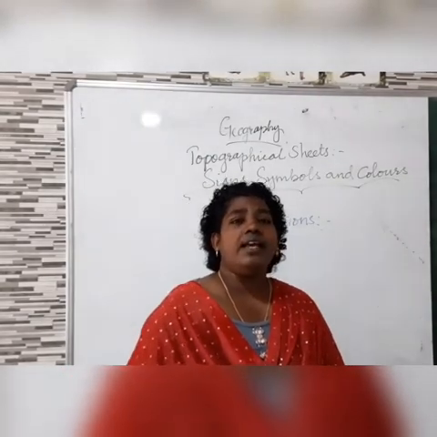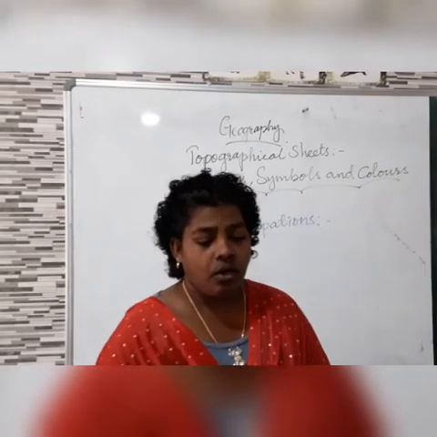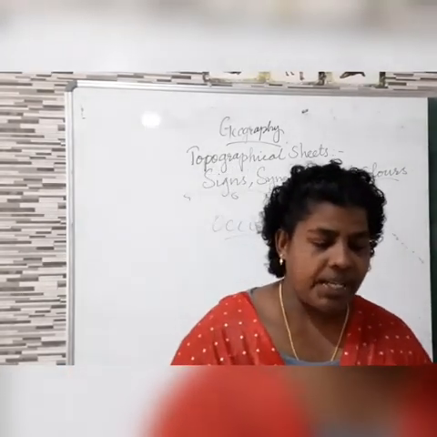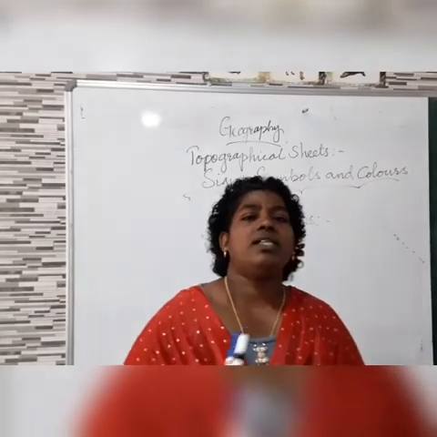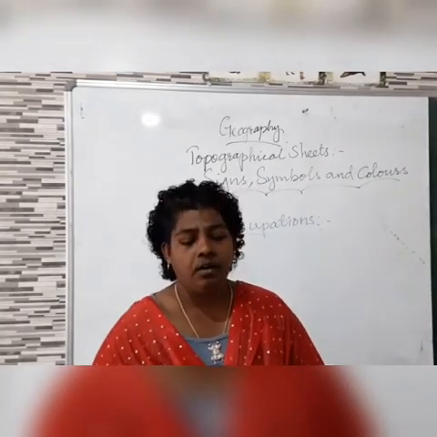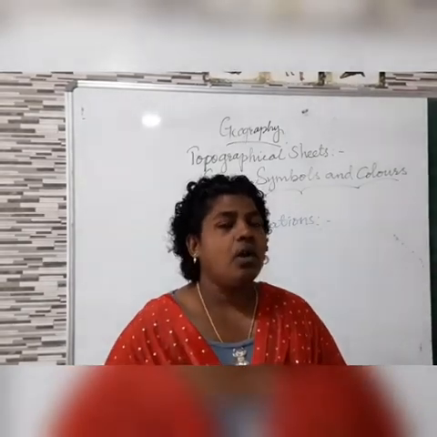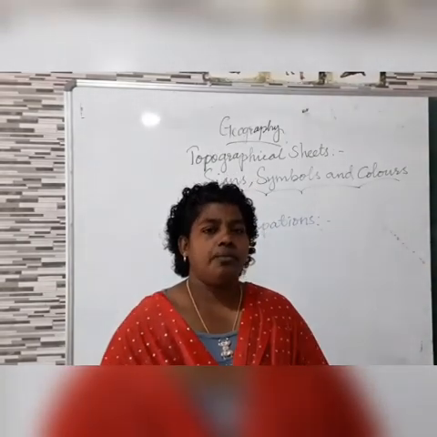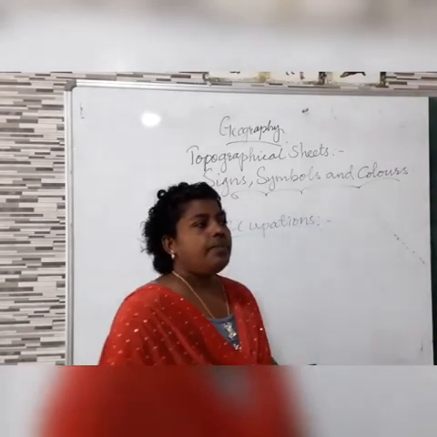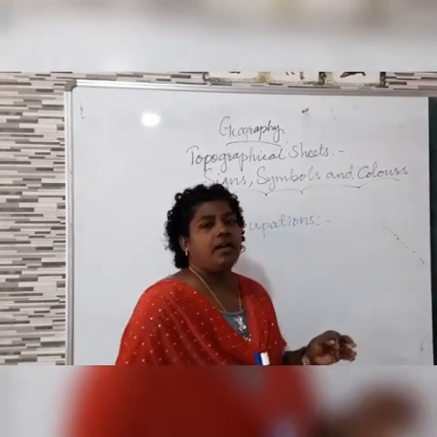And in the hilly area, what is the main occupation? Lumbering and harvesting. In the mountain region or forest region, lumbering and forest harvesting will be the main occupation. So the land use is based on the relief of the land.